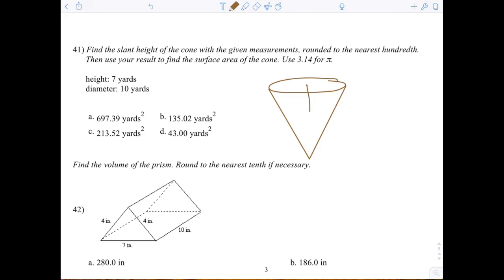So this would be 5, and this would be 7, right? So the square root of... so now we do surface area is equal to pi r squared plus pi rl.